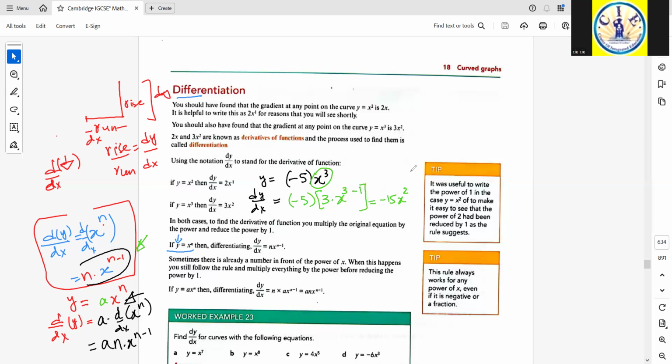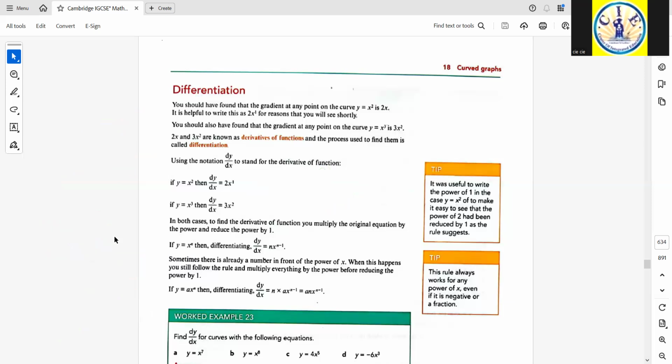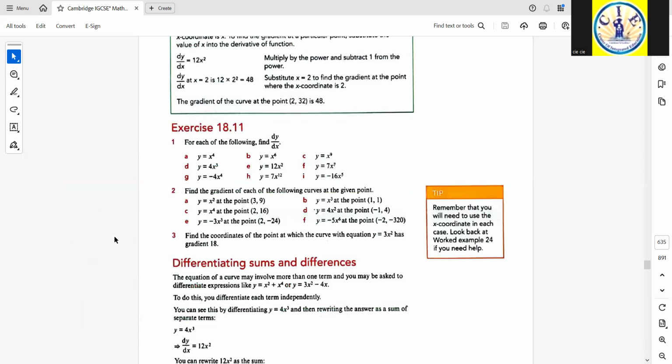So with this, now we start exercise 18.11. For each of the following, find dy by dx. For part A, this is y equals x raised to power 4.